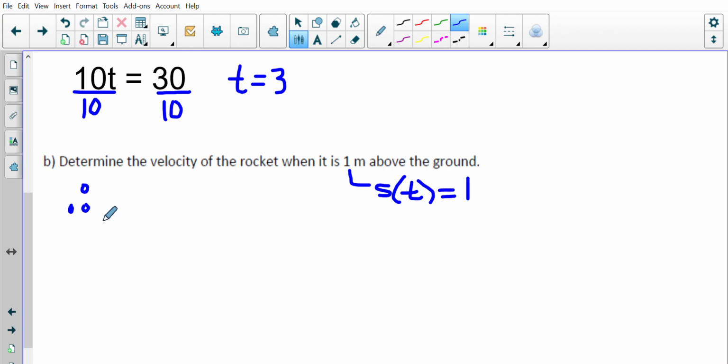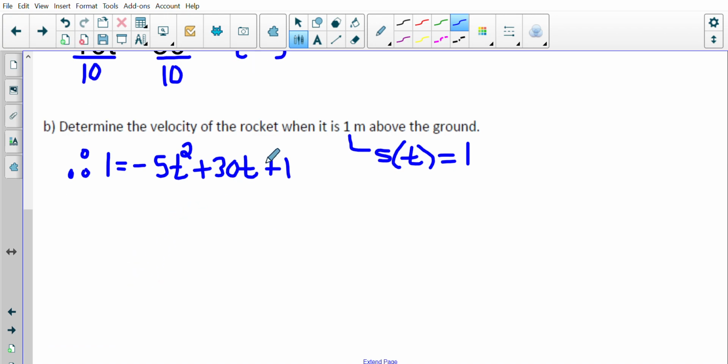So I've got 1 is equal to negative 5t squared plus 30t plus 1. Now I need to solve this. This is a quadratic equation.